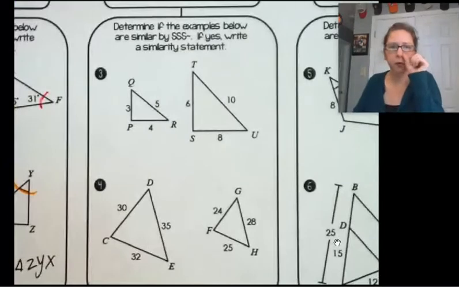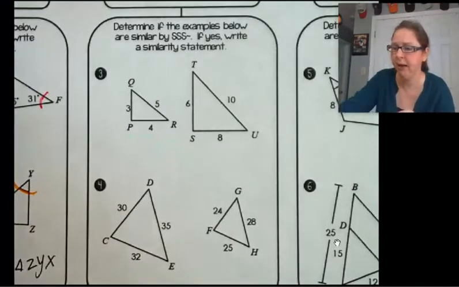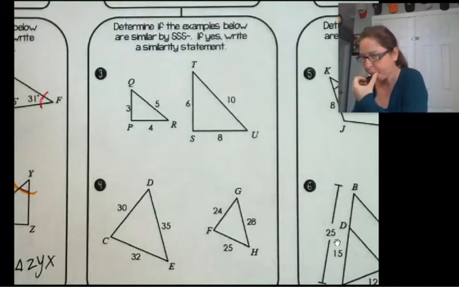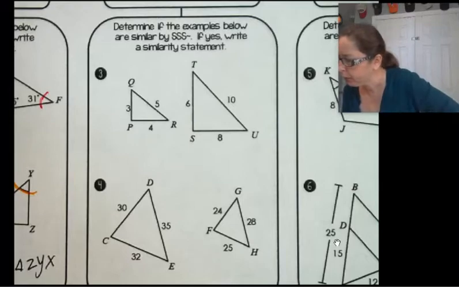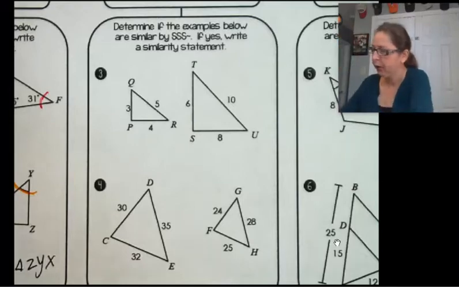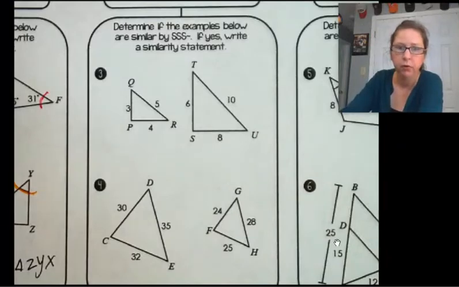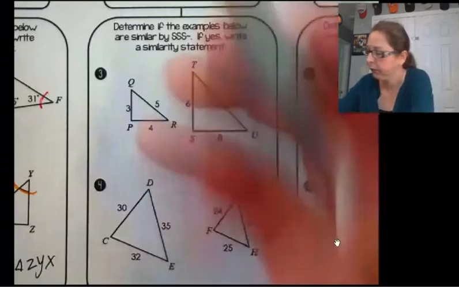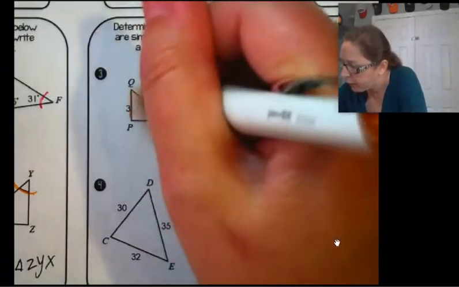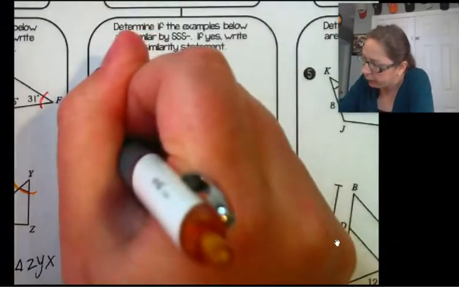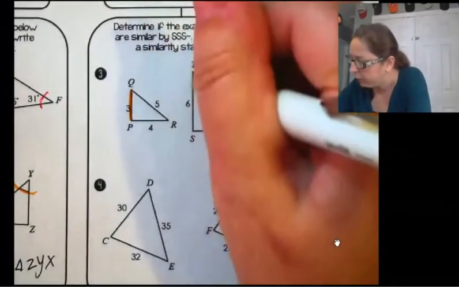All right, so determine if the examples below are similar by side, side, side. So let's take a look at this. In this case, they don't have any angles or anything marked. So I need to just kind of say, let's look at it this way. 3 to 6.